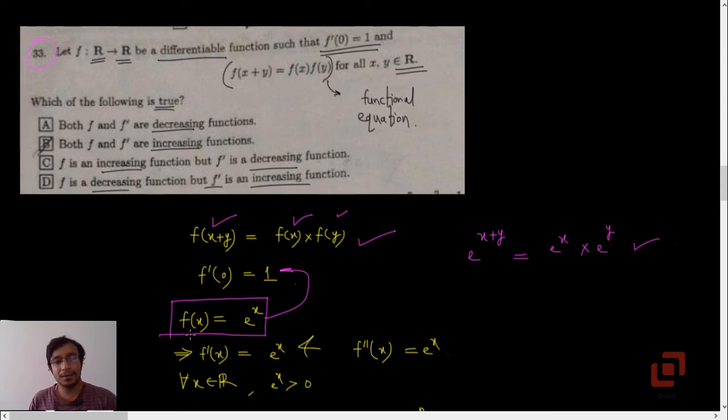And if the function e to the power x satisfies everything that is mentioned in the problem, then its behavior will help us in deciding the true statement. Now all these statements are regarding the function f and its derivative, and we have to decide whether the functions are increasing or decreasing, and we know that exponential function e raised to x at least is always an increasing function.